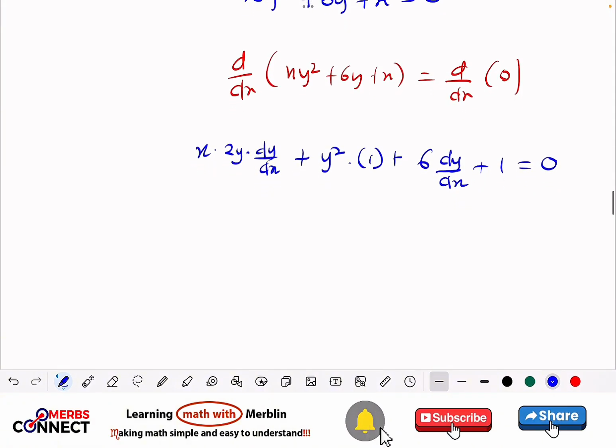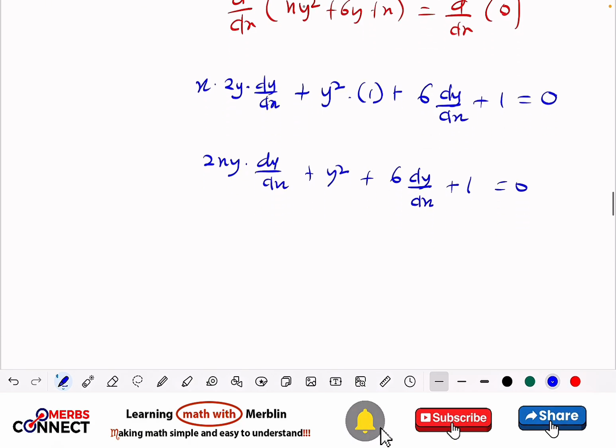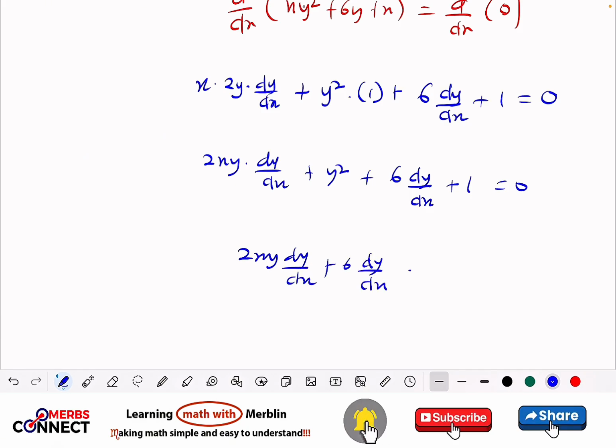So let's group like terms. This is going to be 2xy times dy/dx plus y squared plus 6 dy/dx plus 1 is equal to 0. So let's just move some of the terms to the other side and see what we are going to get. So I'll have something like this: 2xy dy/dx plus 6 dy/dx to be equal to minus 1 minus y squared.